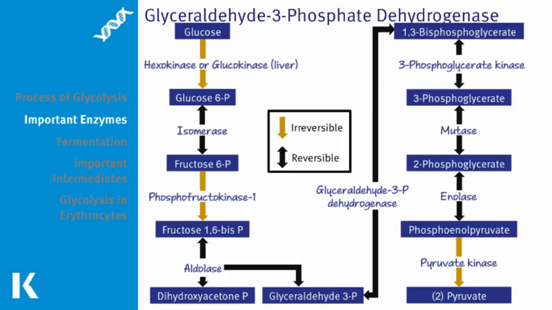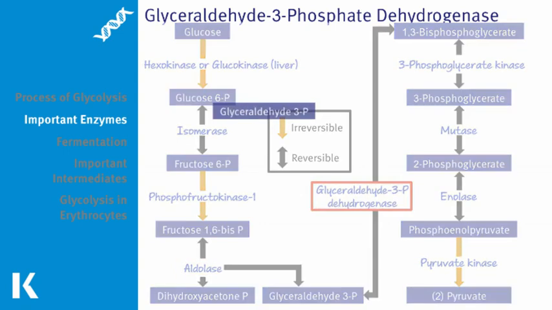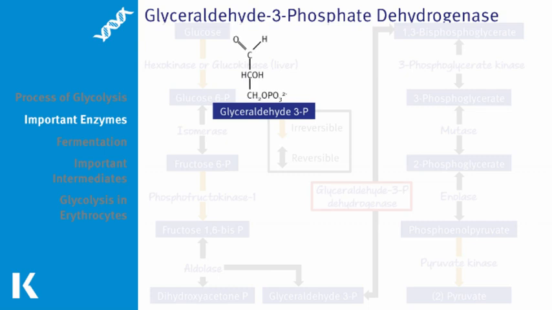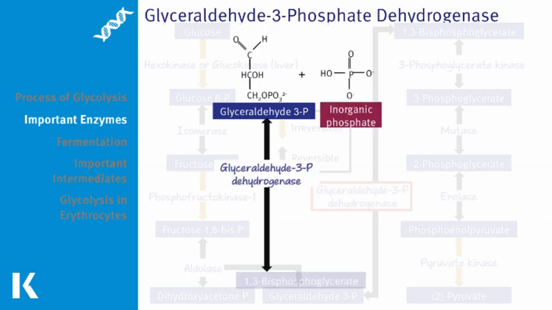The next enzyme in our growing chain is a simple aldolase, which breaks down the diphosphorylated hexose into two monophosphorylated trioses, dihydroxyacetone phosphate and glyceraldehyde 3-phosphate. Glyceraldehyde 3-phosphate continues along the pathway and actually will pick up another phosphate group with the help of glyceraldehyde 3-phosphate dehydrogenase to produce the high-energy intermediate 1,3-bisphosphoglycerate.